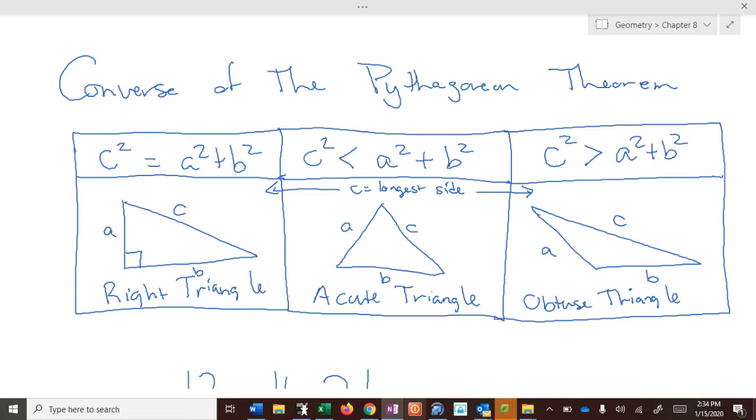If c squared is less than a squared plus b squared, then it's acute. If c squared is greater than a squared plus b squared, then it's obtuse. Okay? Always make sure you have the C on the left side. Big, obtuse; little, acute. Just like angles. Big angle is obtuse angle, little angles are acute angles. So less than, little, acute; greater than, big, obtuse.